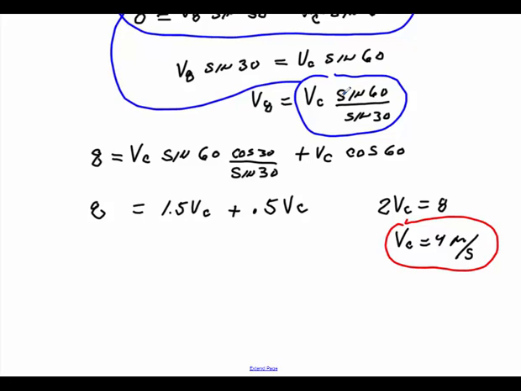And that gives me the velocity. That is equal to 6.93 meters per second. Okay, that's how we get our two velocities.